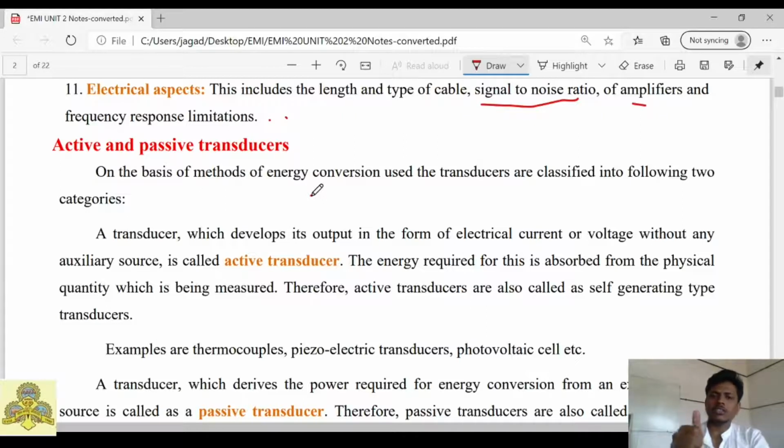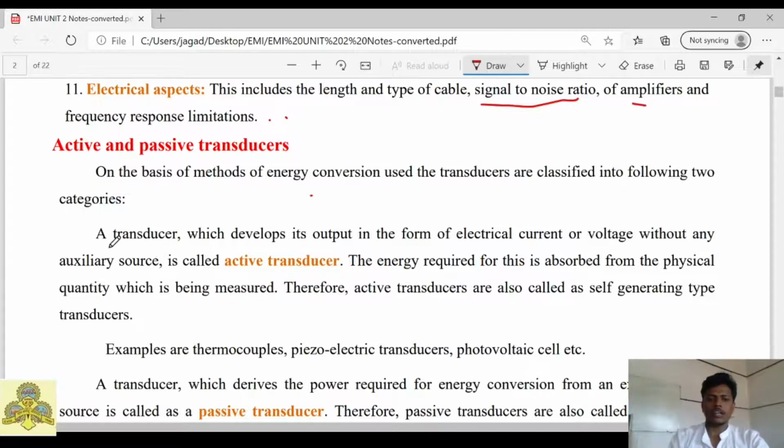Passive transducers are the types of transducer which convert one form of energy into another form, but need an extra auxiliary source. In the case of a weighing machine, we need power, we need electricity for conversion. But in the case of a photovoltaic cell, we do not need electricity, light is converted into electricity, isn't it? So that is the active and passive transducer.